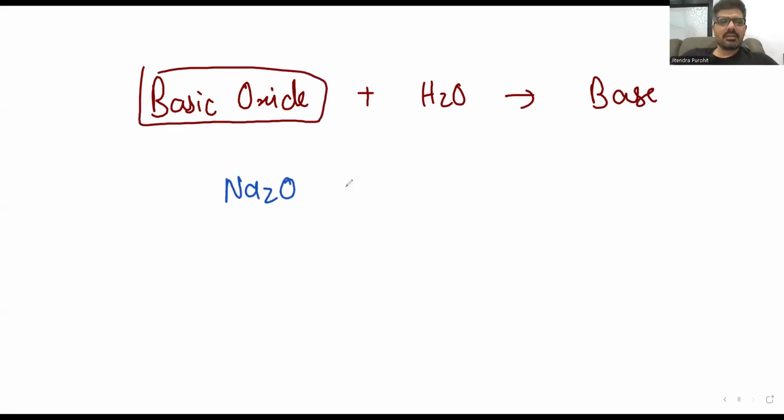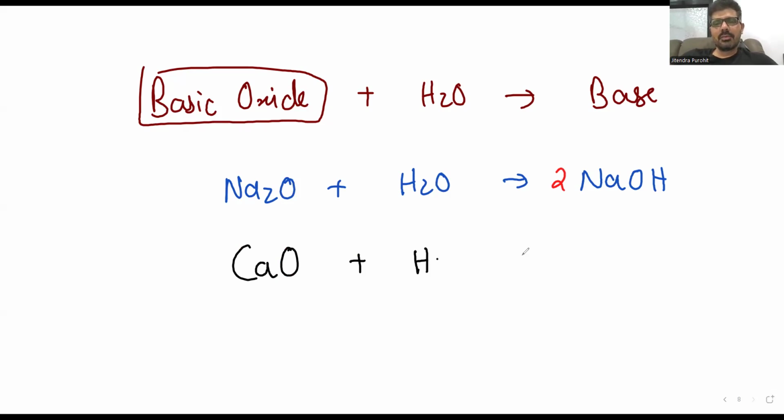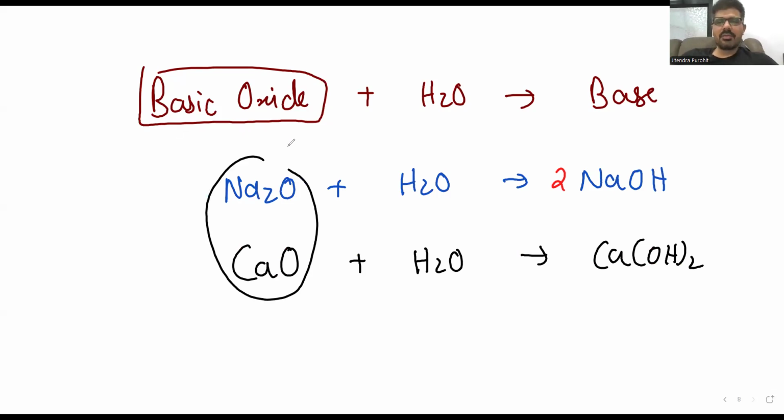Sodium oxide, if you dissolve it in water, you get sodium hydroxide. Calcium oxide, when you dissolve it in water, gives you calcium hydroxide. Right? So these are basic oxides because when dissolved in water, they form a base.